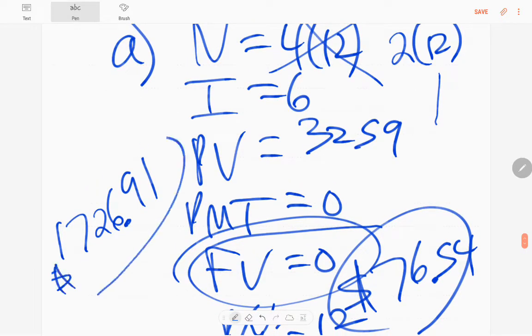So that's how much you still have left to pay after 2 years. And actually it says round to the nearest dollar, so let me make that $17.27.